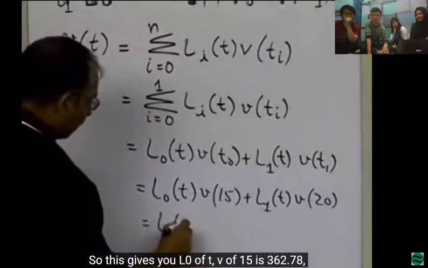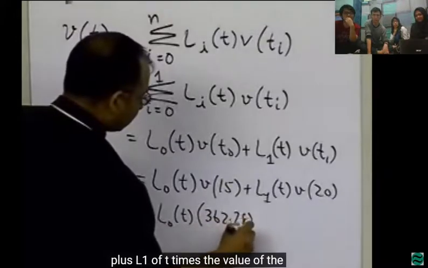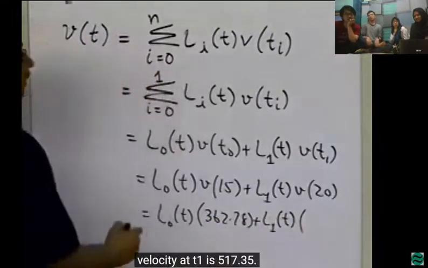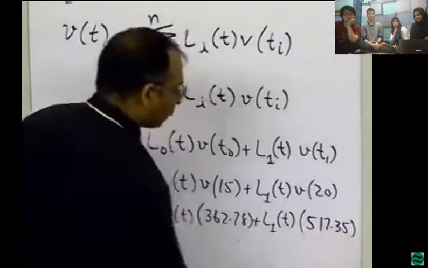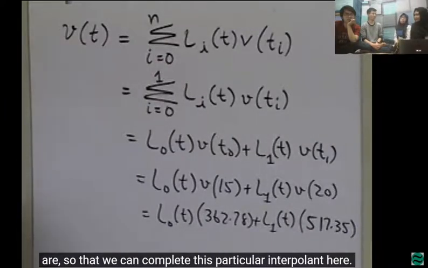So this gives you L naught of t times 362.78 plus L1 of t times the velocity at t sub 1, which is 517.35. So let's go and find out what these two Lagrangian weight functions are, so that we can complete this particular interpolant here.